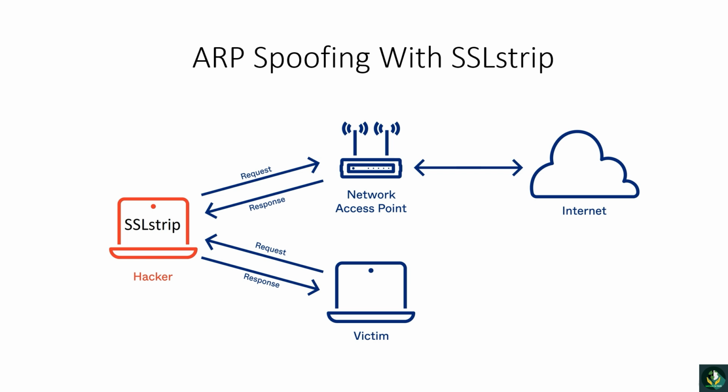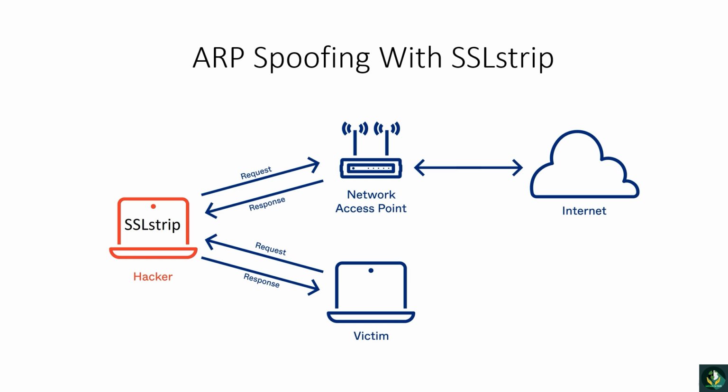So once it gets the HTTP request from the victim or the target, it will actually upgrade that connection to an HTTPS connection. As far as bbc.com is concerned, it told the target that you should communicate with me over HTTPS, and the target responds by starting the communication over HTTPS.